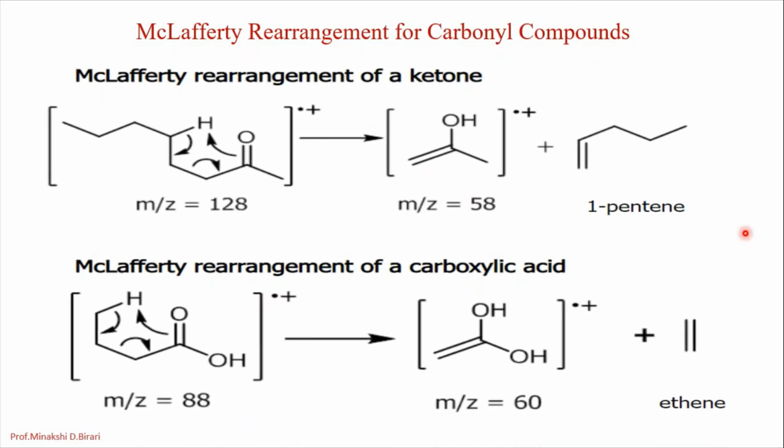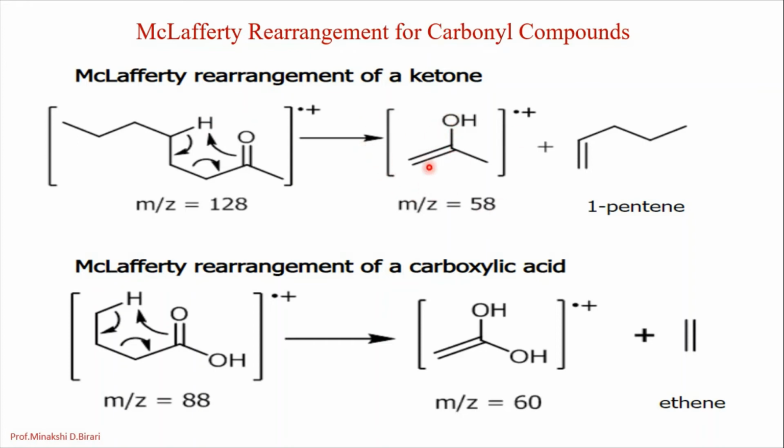Now again, different carbonyl compounds like aldehydes, ketones, carboxylic acids, and esters, which have the gamma hydrogen, can undergo McLafferty rearrangement. So the first example is McLafferty rearrangement of a ketone. The molecular ion can show the peak at mass to charge ratio 128. Here also the transfer of gamma hydrogen occurs, and there is a formation of a six-member transition state.